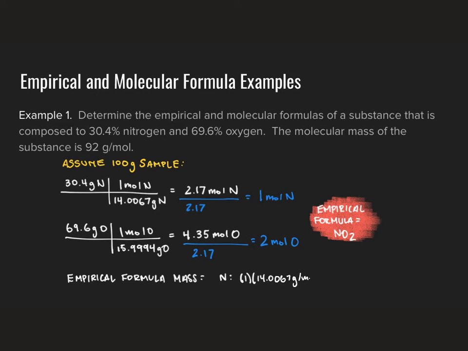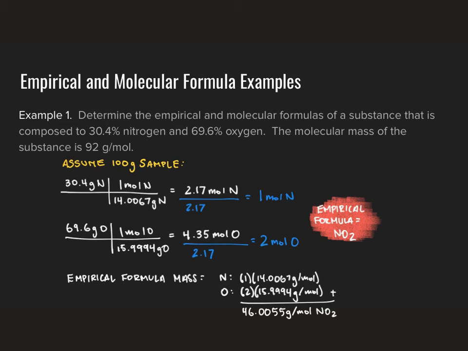And then we had 2 oxygens present there, times 15.9994 grams per mole of oxygen. We can add those values together, and we end up with an empirical formula mass of 46.0055 grams of this substance per mole of that empirical formula.